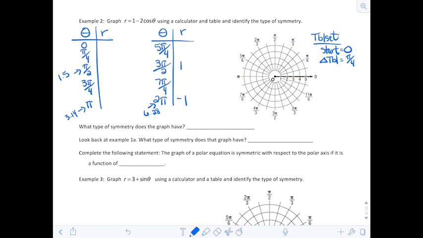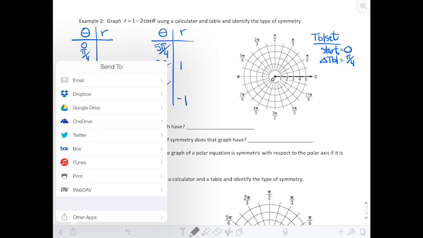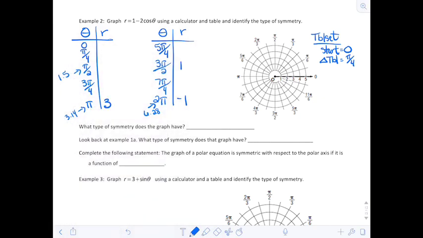Pi was, let's see, the cosine of pi is -1 times 2. That was 3. It should be 3. Pi over 2 was 1, and 0 was -1.